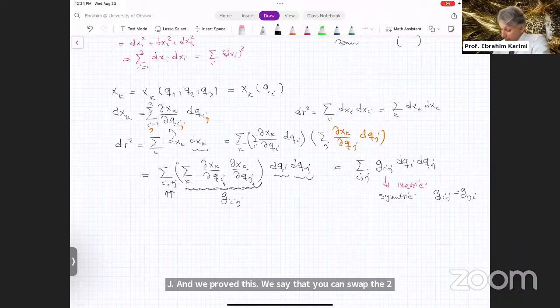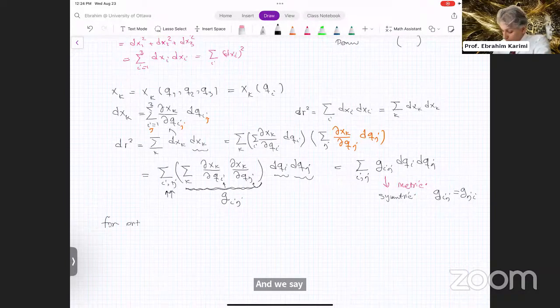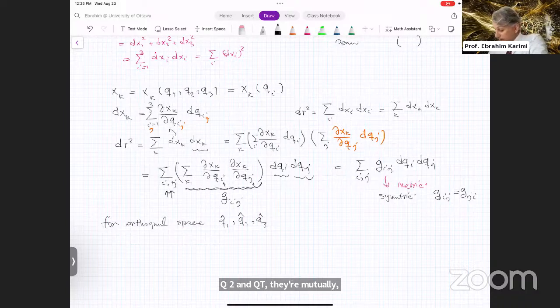And for an orthogonal space, which means that q1, q2, and q3 are mutually orthogonal to each other, this metric will be simplified.